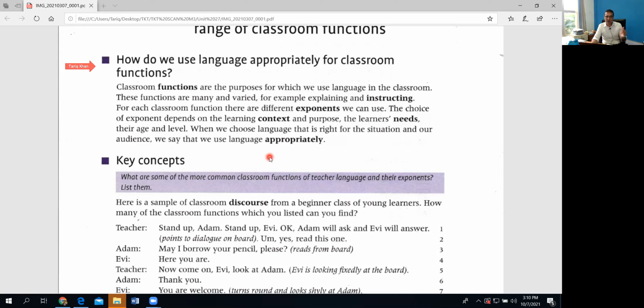So in a formal function, for example, you are delivering a speech, the language should be more formal. If you use an informal way of expressing the language, it will not be suitable. And what we call it, language is not appropriately used. So these terms are used when the language is suitable according to the situation. And suitability is formal, informal and neutral.